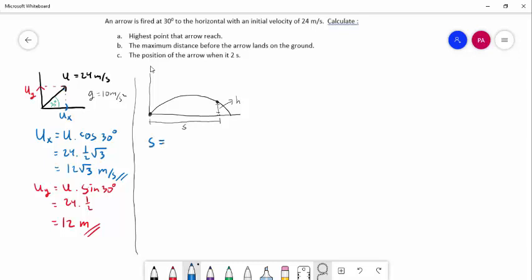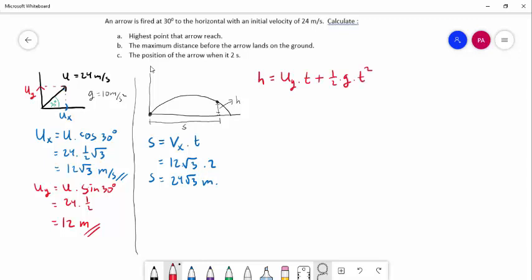Distance equals x velocity times time. So the distance from the starting point is in meters. And then the height is y initial velocity times time plus half times gravity acceleration times time square.